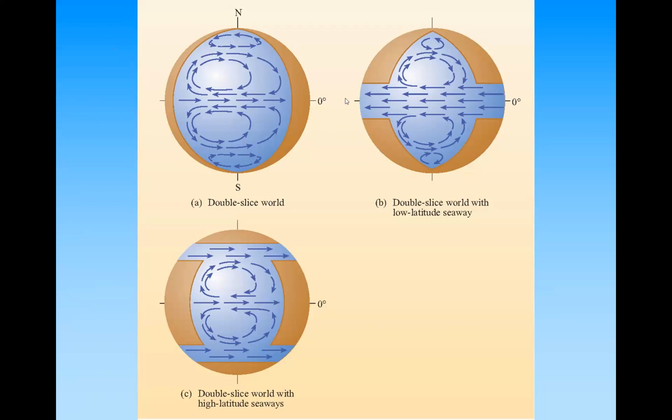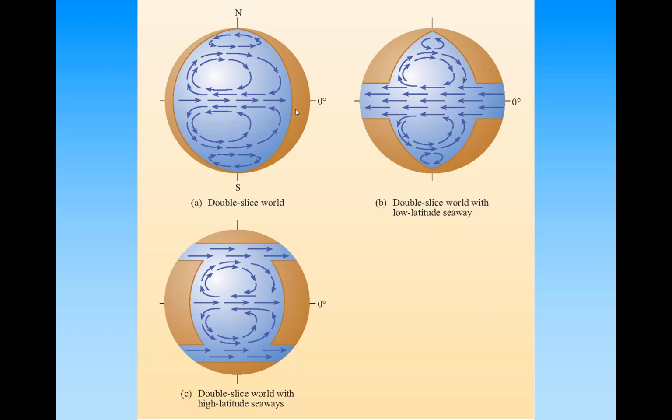But the area of greatest heating on the Earth is around the equator, where the incoming solar radiation has the most direct path to the surface of the Earth. So if the Earth is being heated around the equator, it's being cooled around the poles.